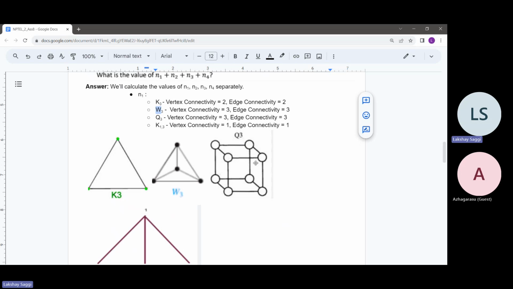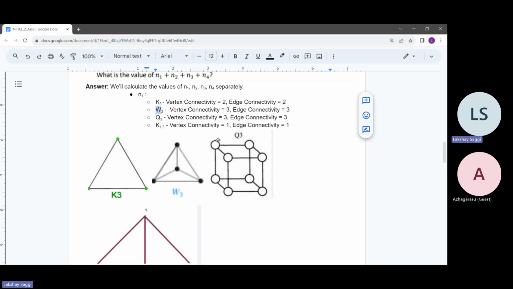Similarly, this is called Q3 because this looks like a cube. Even though the spelling of cube starts with C, C is generally reserved for cycles in graphs. So that's why they call this a Q graph. It starts with a Q, and Q3 because it's a 3-dimensional structure.